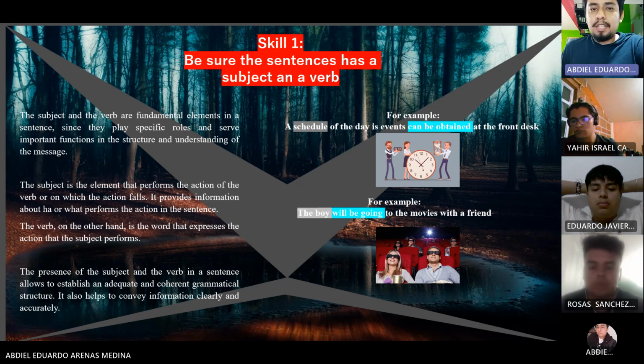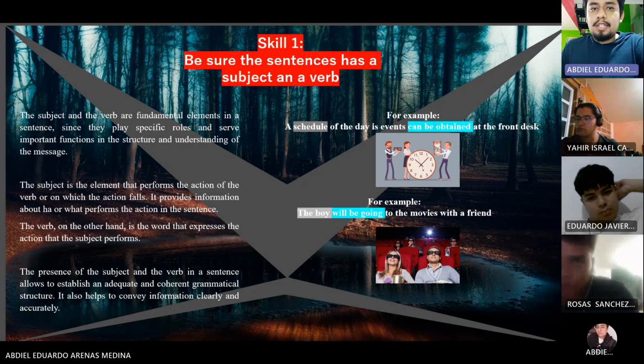It provides information about who or what performs the action of the sentence. The presence of the subject and the verb in the sentence alone establishes an adequate and coherent grammatical structure. It also helps to convey the information plan.